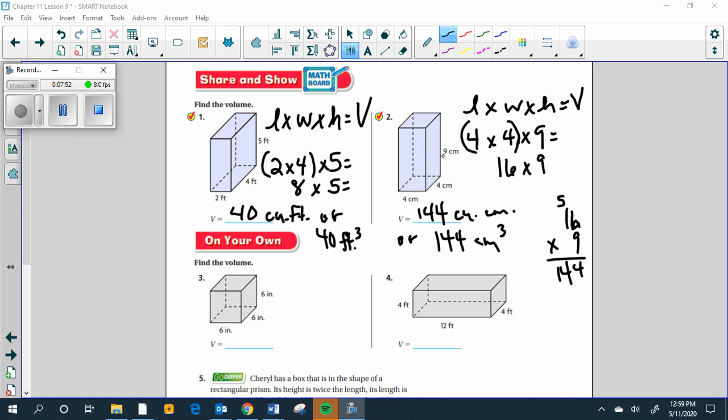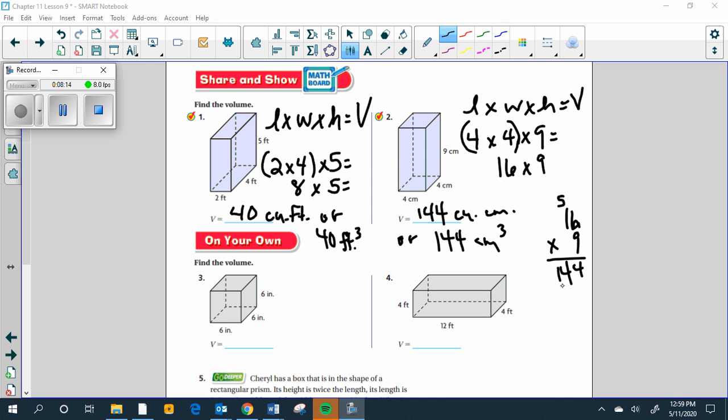Again, on number 2, our formula for volume is length times width times height equals volume. We have a length of 4 centimeters, a width of 4 centimeters, so 4 times 4 would give us the base area of 16. We multiply that times the height, which is 9.